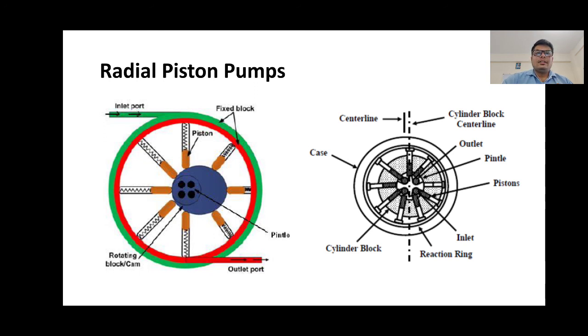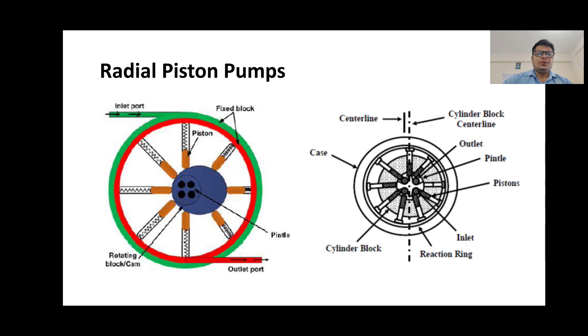As the cylinder barrel rotates, the pistons on one side travel outwards, and the pistons on the other side of the barrel will travel inwards. The outward movement of the piston will draw the fluid inside the cylinder, and the inward movement of the piston will throw the fluid outside of the cylinder.